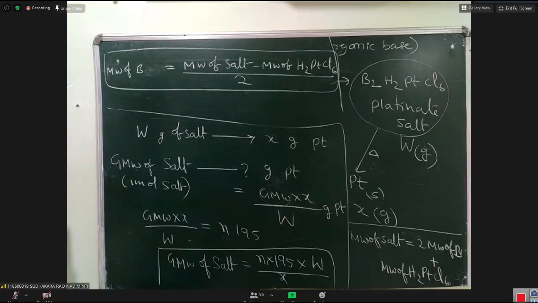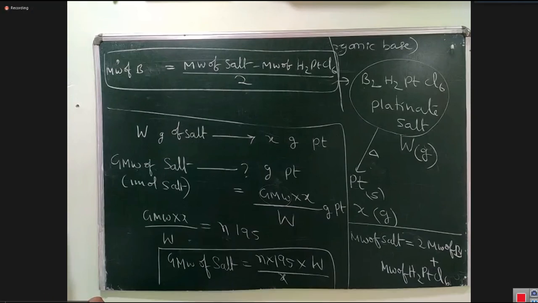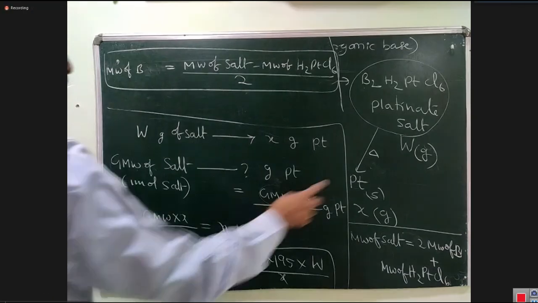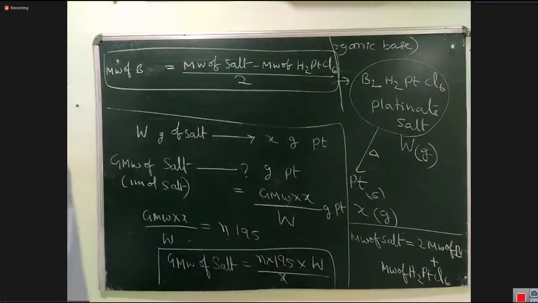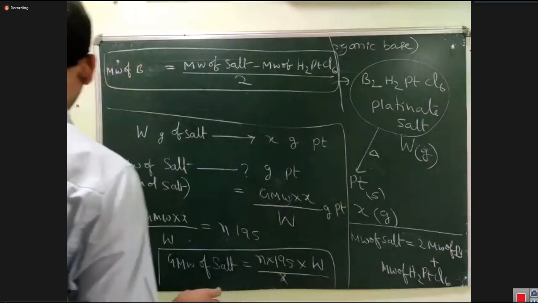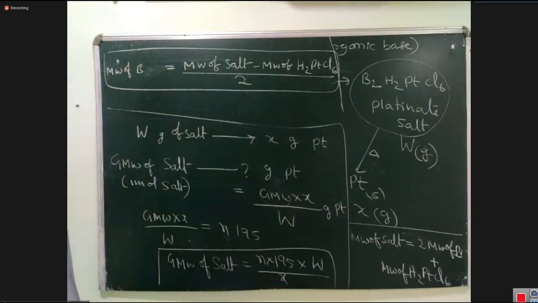The chloride of a mono acid base on ignition gives 0.24 grams of platinum. The weight of platinum is given. The molar mass of the base is asked. The mass of B2H2PtCl6 salt is 0.75, by 2B plus 410.